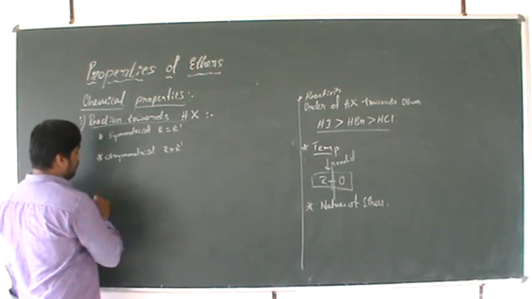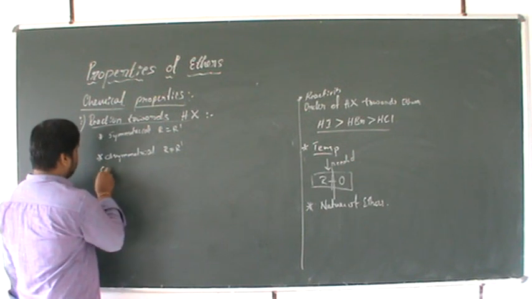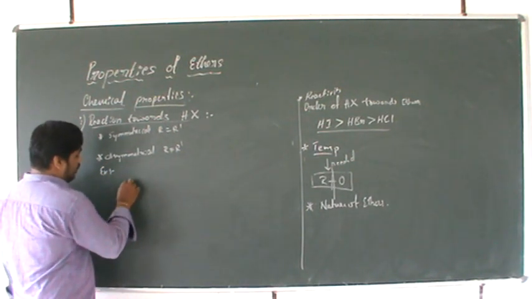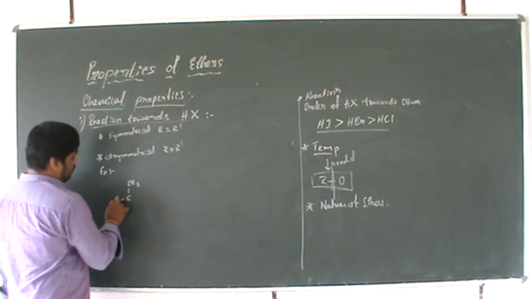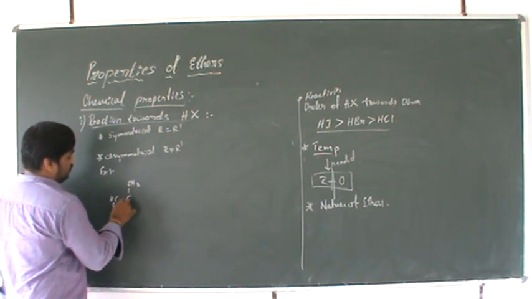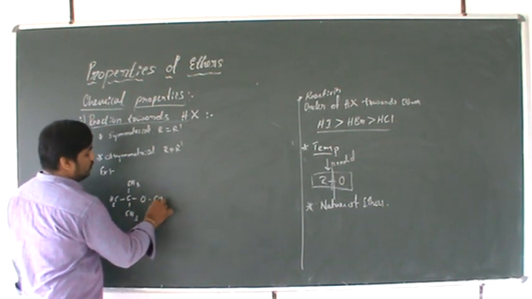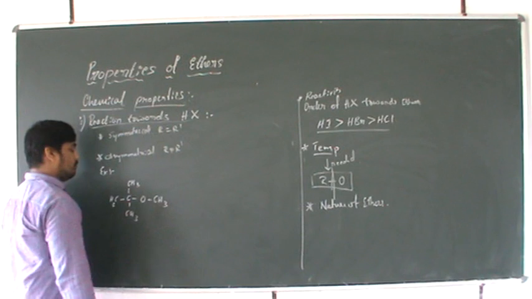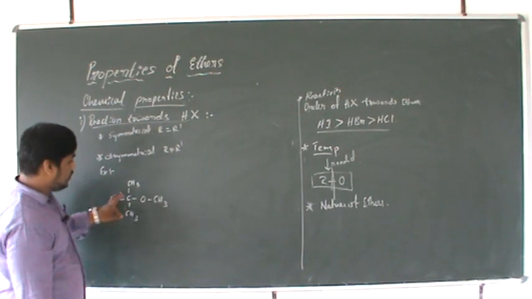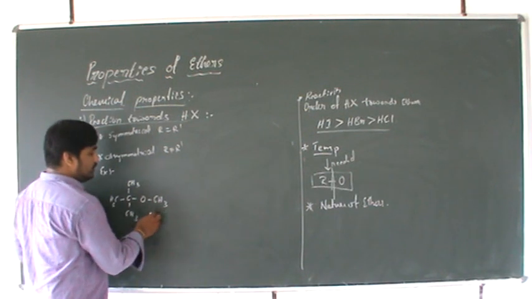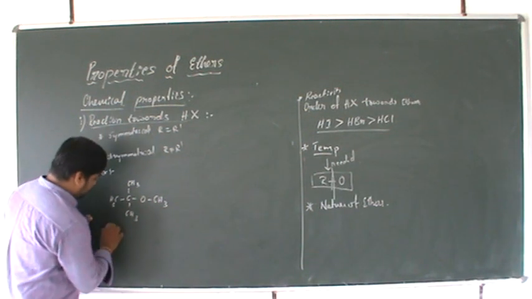I am considering one example. Consider a tertiary alkyl part, CH3, CH3, CH3, C, O, CH3. Tertiary butyl is one part, and this is the methyl part.